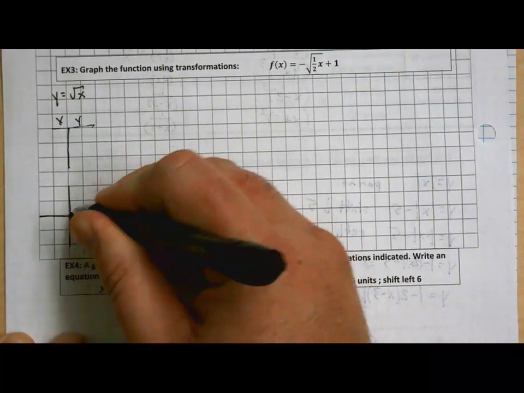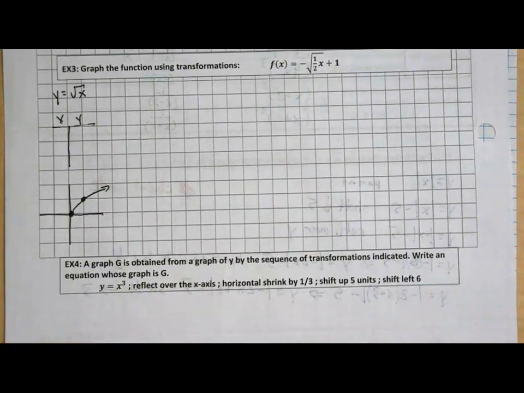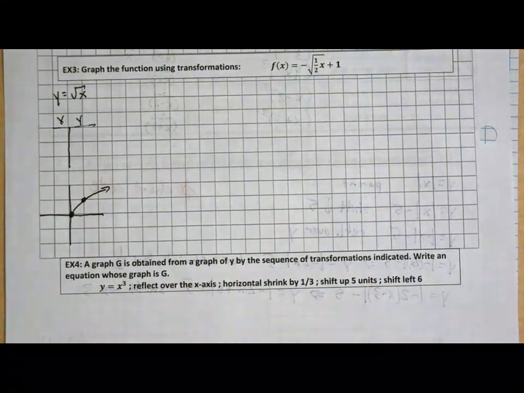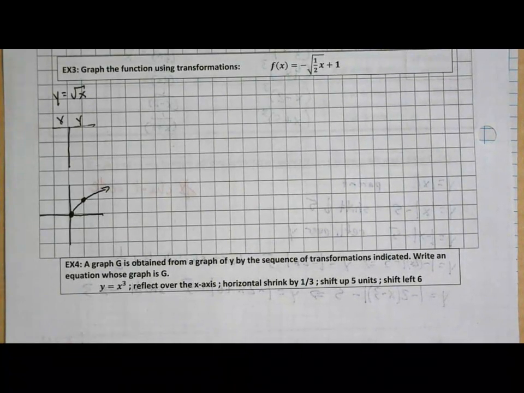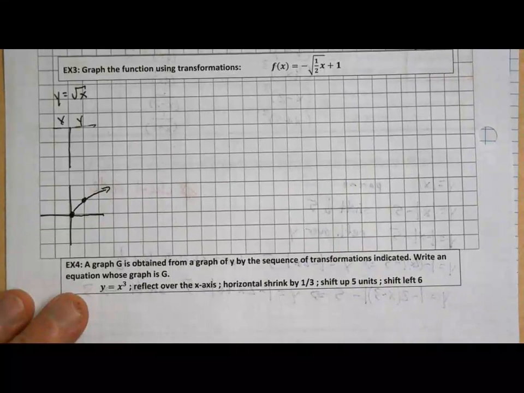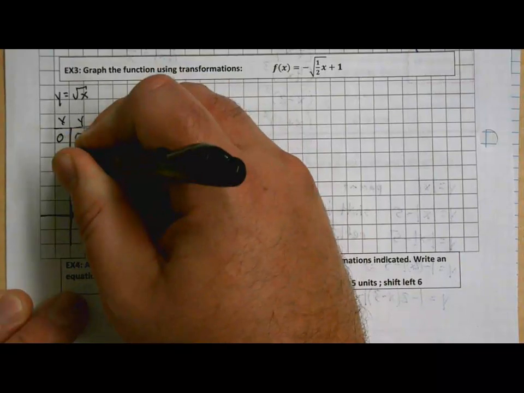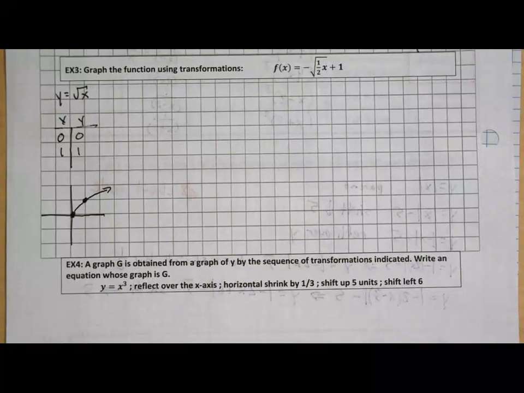It starts at the origin, it goes through 1, 1, and then it curves like half of a sideways parabola. So as long as we have those 2 points, that should be enough to graph this accurately. So we'll start with 0, 0 and 1, 1, and then we'll start doing some transformations.